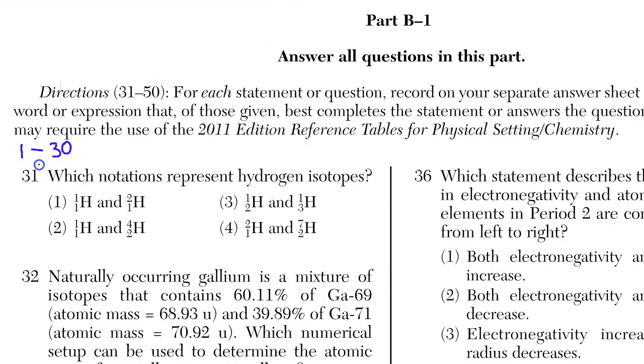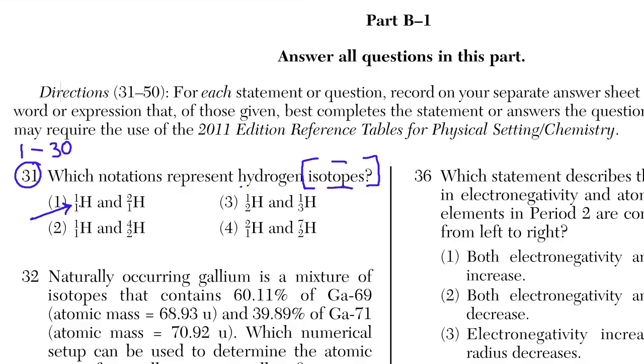Okay, so number 31. Back to atomic structure like we were in the first couple of questions. It's resetting. Which notations represent hydrogen isotopes? Iso means same, and isotope, as I talked about in number 30, is the same atom with a different number of neutrons, and therefore a different mass. So what makes an atom the same is the atomic number.